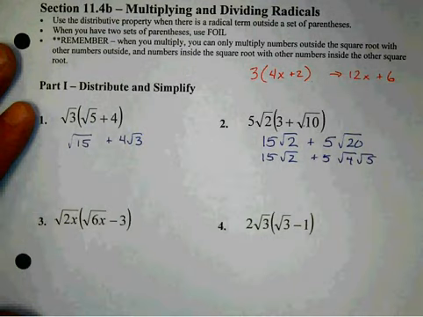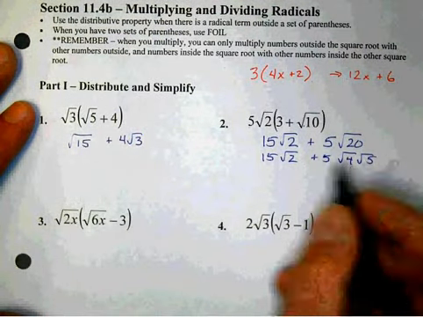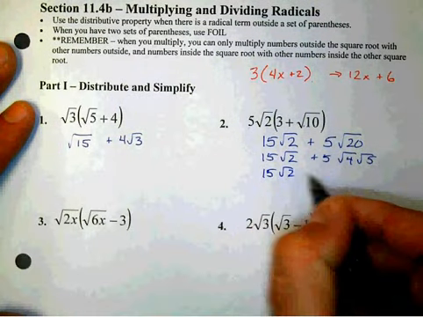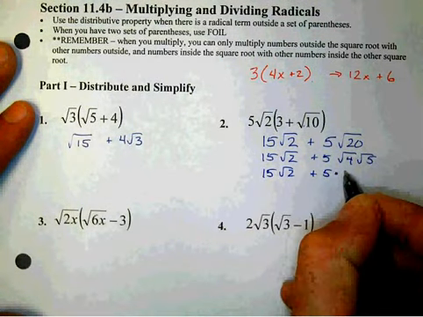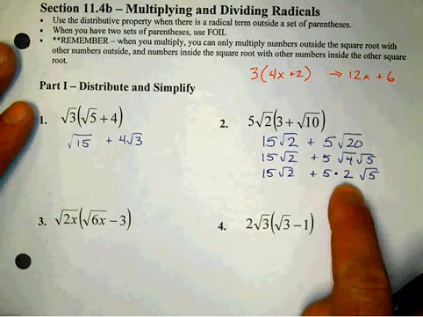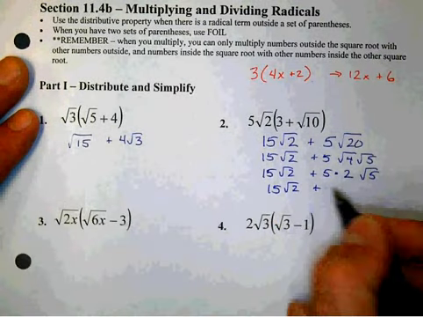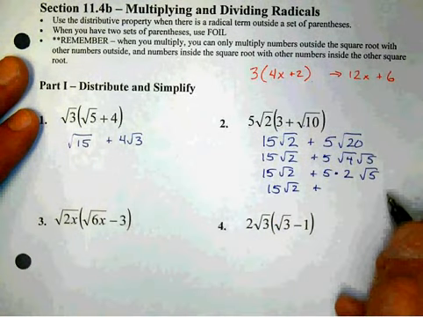Now James, this is what we were working on before together. What's the square root of 4? 2. So I write 15 root 2 plus 5 times 2 root 5. Just 1 2 there. Okay? So now I have 15 root 2 plus how many root 5? 10.